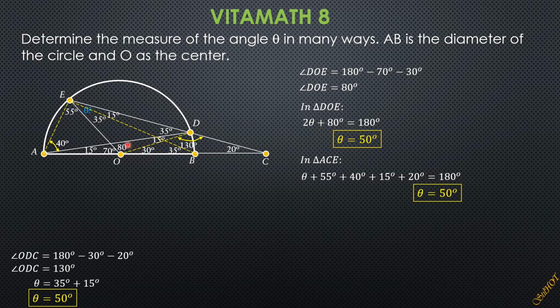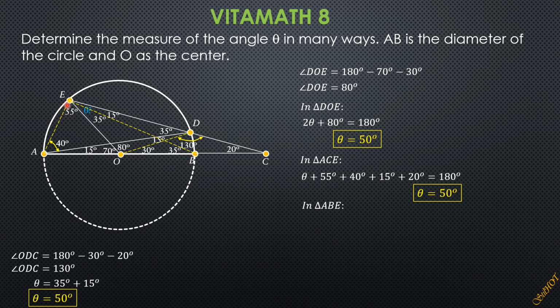Next is if we draw the lower half of the semicircle. So this is theta. If we extend in triangle ABE, take note that AB is the diameter of the circle.